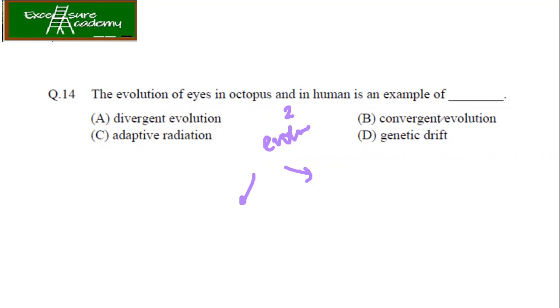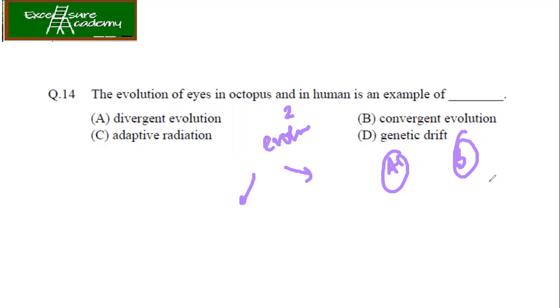Now coming to convergent evolution, it is a process where organisms are not closely related, but independently they evolve similar traits because of adapting to similar environments. So even though there are species A and B, they are growing differently. Since the habitat was similar, they develop similar organs.